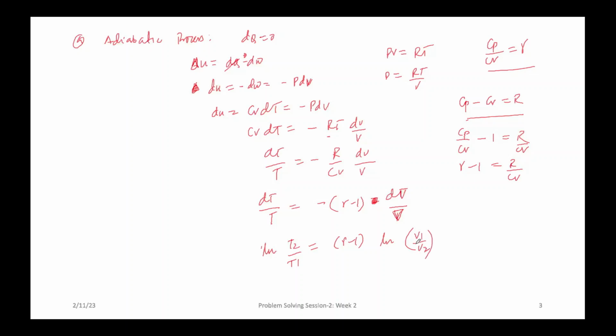Here is a change from earlier due to the negative sign. So I can write T2 by T1 is equal to V1 by V2 to the power gamma minus 1. All of you got this clear? This is the relation for the adiabatic process.